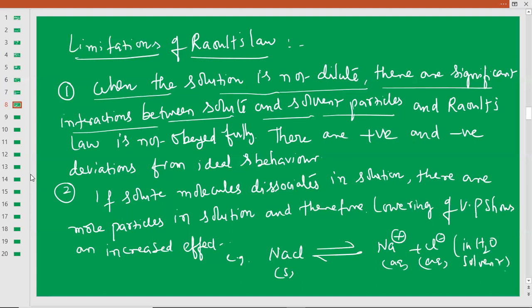So what I noticed from this equation is a solute molecule dissociating here. The more particles in the solution are definitely changes the lowering of vapor pressure, means lowering of vapor pressure increases. Colligative property changes if this kind of dissociation takes place. Even if association takes place, there will be decreased effect in the colligative property. That is one of the limitations of Raoult's law.